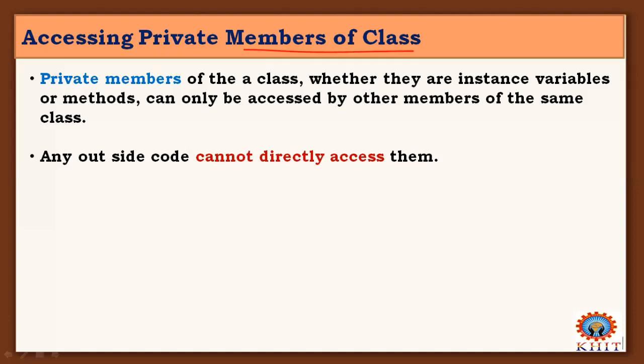See, private members of a class, whether they are instance variables or methods, can only be accessed by other members of the same class. This is a clear-cut statement about private members. Any outside code cannot directly access them. This is true, outside code cannot directly access these private members of a class. But still it is possible, and we'll see how.